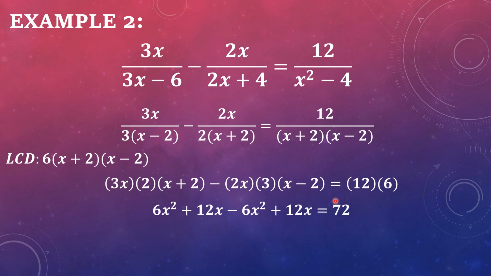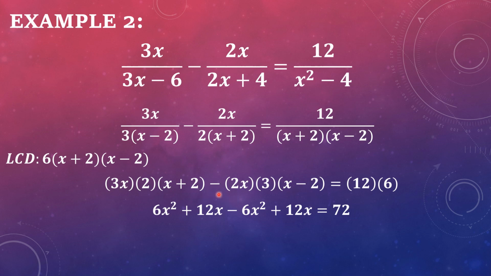Okay, so we simplify. 3x times 2 is 6x times x is 6x squared. 3x times 2 is 6x times 2 is 12x, minus 2x times 3 is 6x times x is 6x squared. 2x times 3 is 6x times negative 2, it's negative 12.